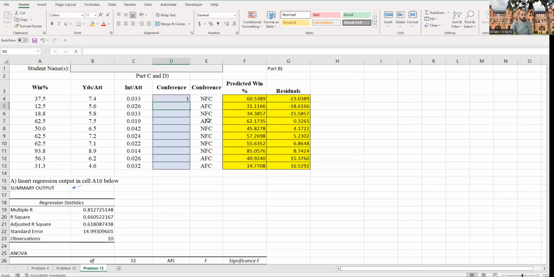It's going to look directly to my right. If it finds NFC, it's going to give me a 1. If it finds AFC, it's going to give me a 0. Make sure you lock in the reference. If the thing to my right equals this particular thing, lock that particular thing in, just that one thing, right? Just this one, the second part of the equals, comma 1, comma 0. So it's going to give us a 1 if it finds it, 0 if it's not.